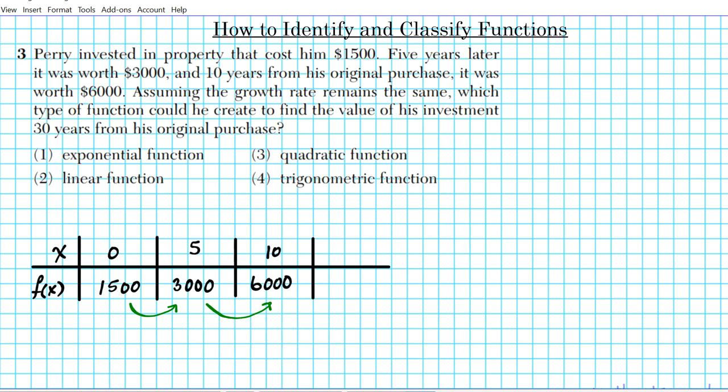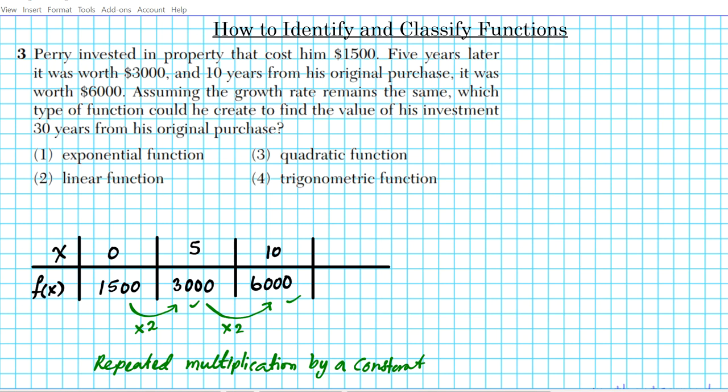Let's try repeated multiplication. 1500 times 2 gives you 3000. 3000 times 2 gives you 6000. Check, check. Ladies and gentlemen, this is repeated multiplication by a constant. You multiply by the same number every single time.